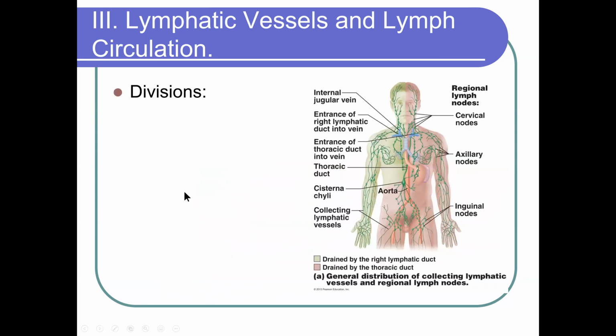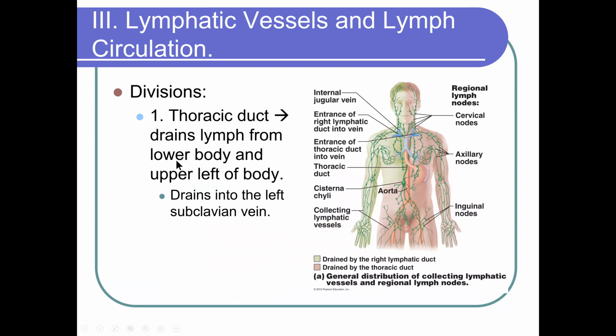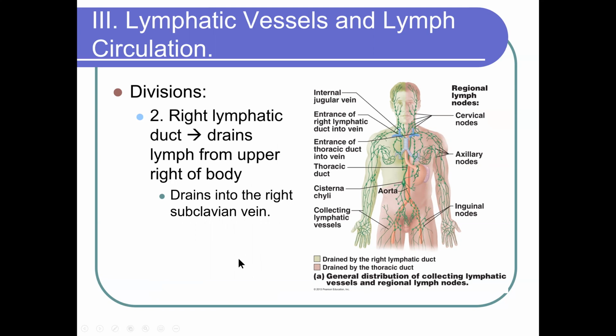We're talking about the divisions now. The thoracic duct, which is the biggest division, drains lymph from the lower body and the upper left body into the left subclavian vein. So we're talking about the lower body on both halves and the left upper body. That's the thoracic duct. It drains into the left subclavian vein.